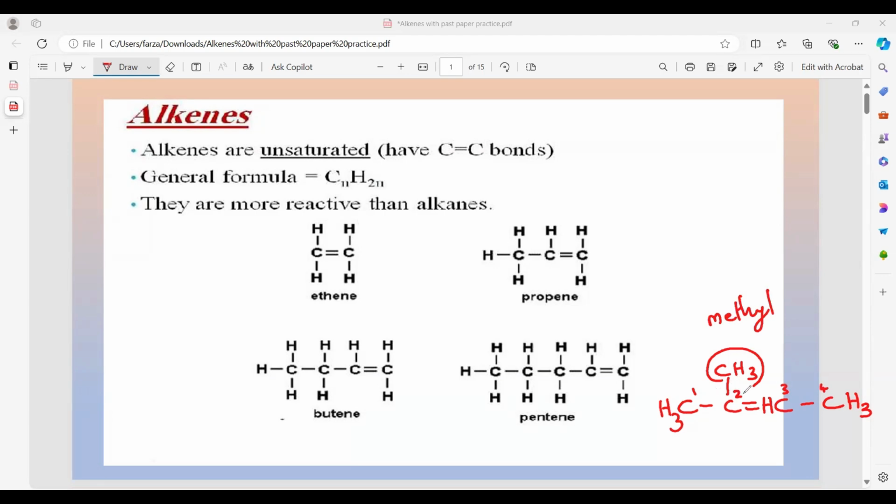It is attached to carbon 2. So it's 2-methyl. And the suffix follows the name of the main carbon chain. So this is our main carbon chain. And how many carbons are there? There are 4 carbon atoms. So if there are 4 carbon atoms, it's going to be but. So with the double bond, butene. So the name of this molecule is 2-methyl butene.